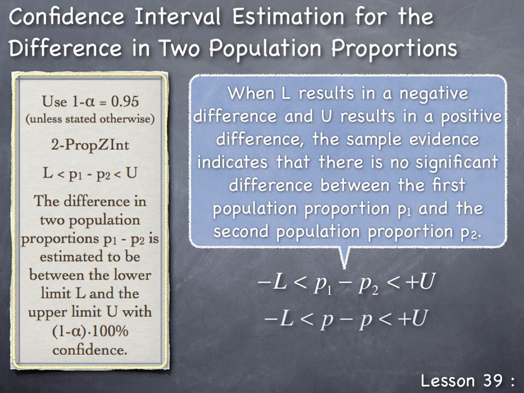Thus, the difference between the same proportions, p minus p, equals 0. And 0 is always included in an interval that ranges from negative numbers to positive numbers. So whenever the 0 is included in the interval, the conclusion is that there is no significant difference between the two population proportions.